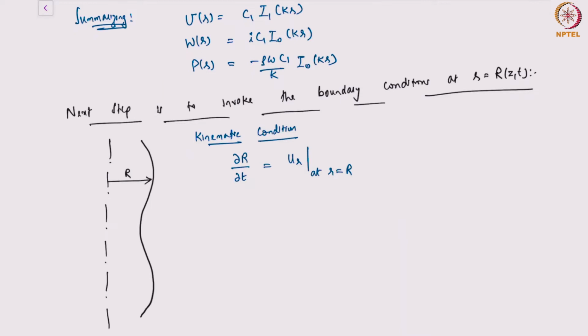We can make one additional simplification. This can be written as UR at R equals R0 plus small terms. These are basically Taylor series expansion.